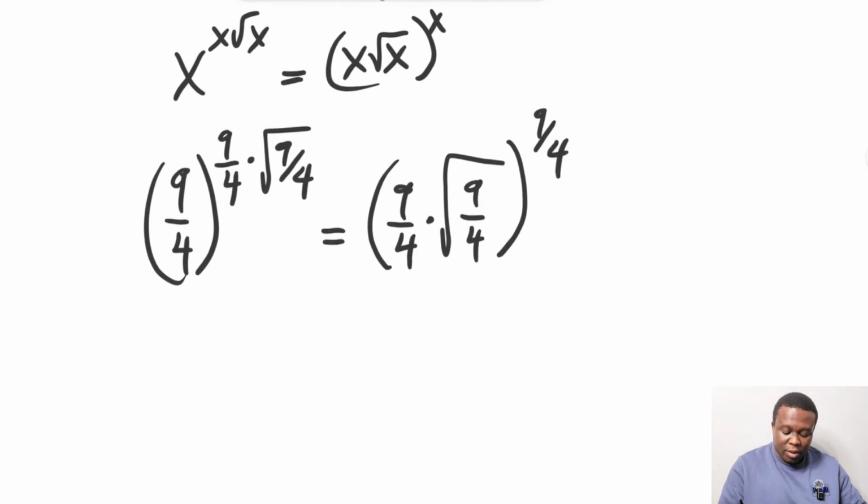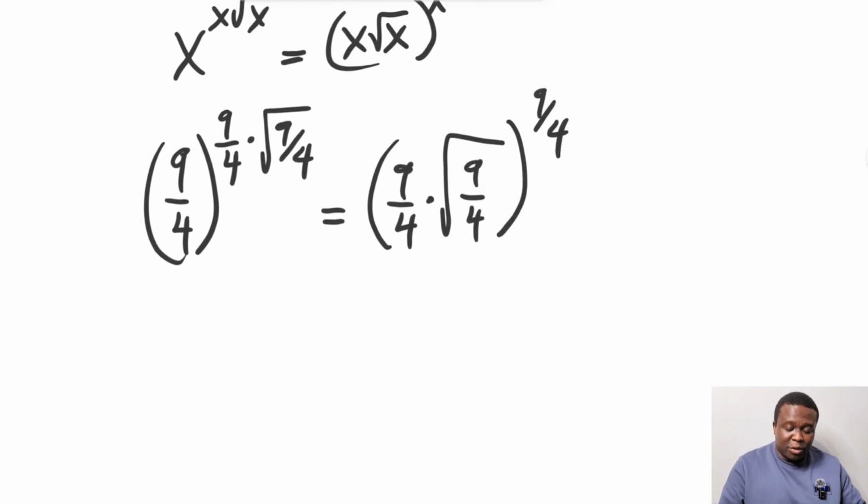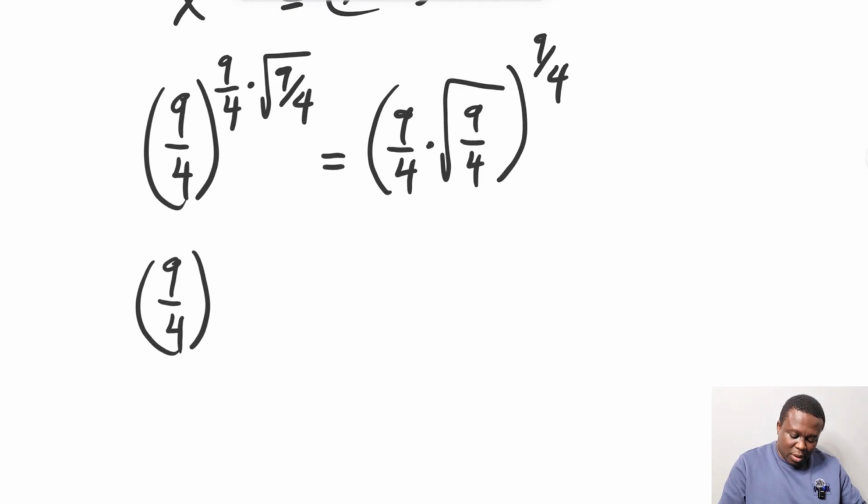9/4. Right. So now let's try to break this down into simpler forms. On the left we have 9/4 times square root of 9 is 3, square root of 4 is 2. We'll go over to the right-hand side.